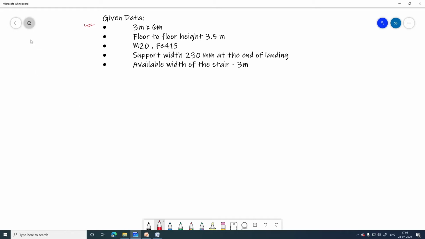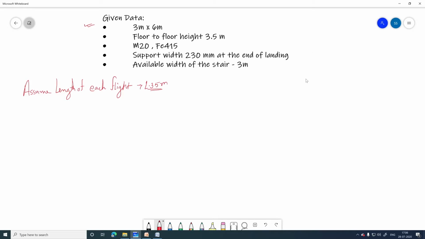First, what we need to do is assume a length of each flight. Assume the length of each flight is 1.35 meter.